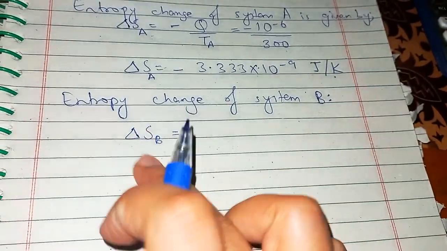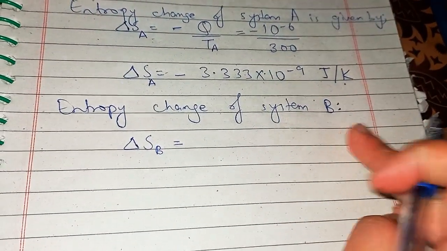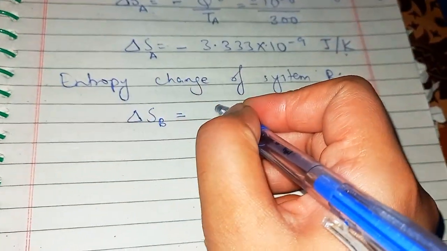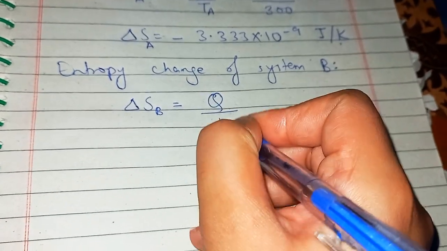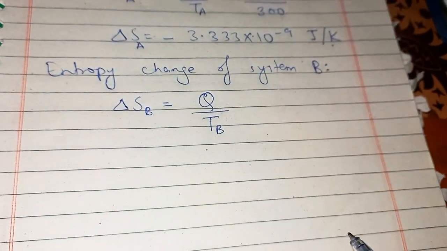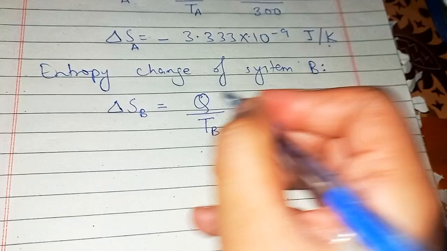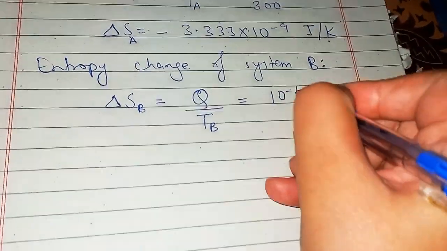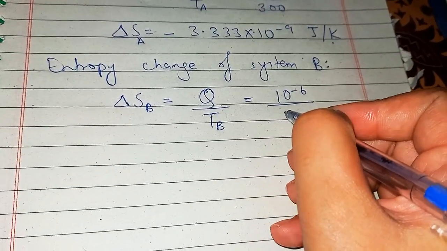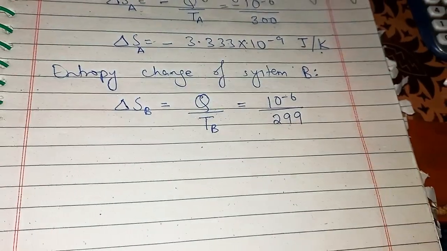Since the energy is added to system B, its entropy will increase, and here we'll have Q added divided by the temperature at which system B was. So Q is the same, 10 to the power minus 6, divided by TB, which is 299.